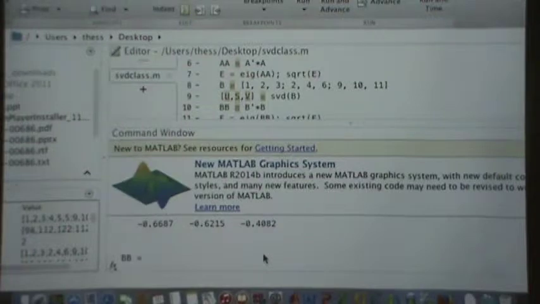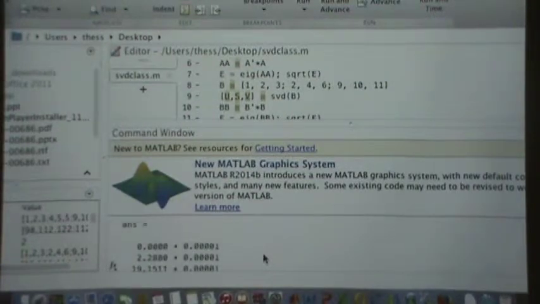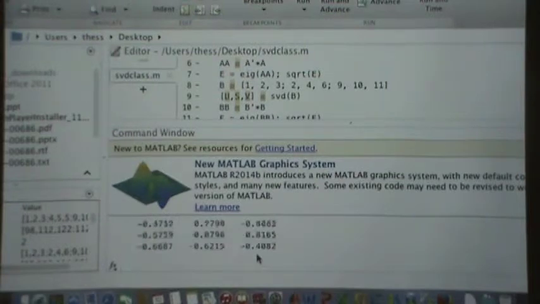Okay, so B dagger B then is this thing which is non-negative, and the square roots of the eigenvalues are 0, 2.2, and 19.1, and they should be the same as the singular values, and indeed 19.1, 2.2, and 0.